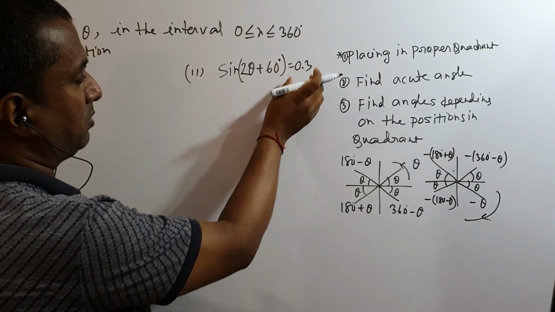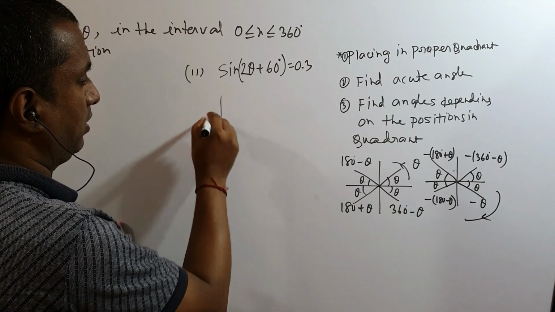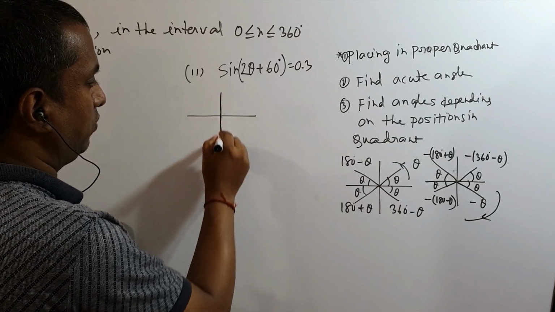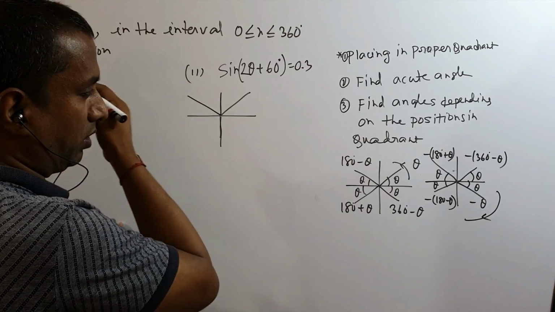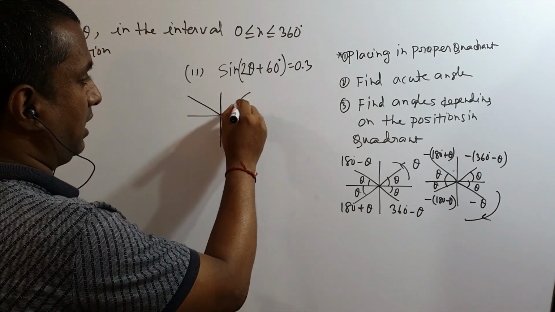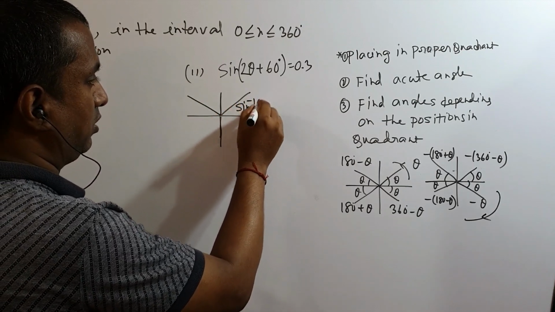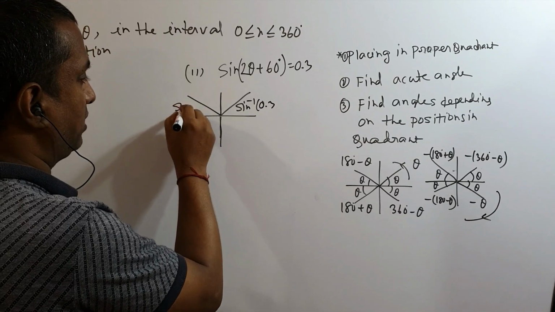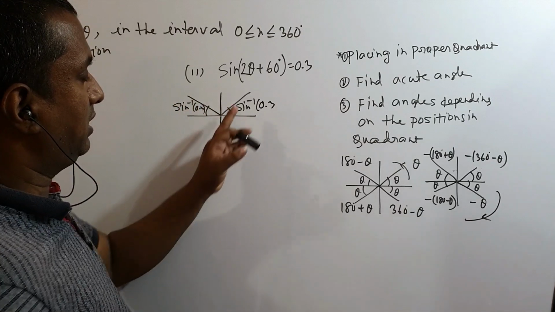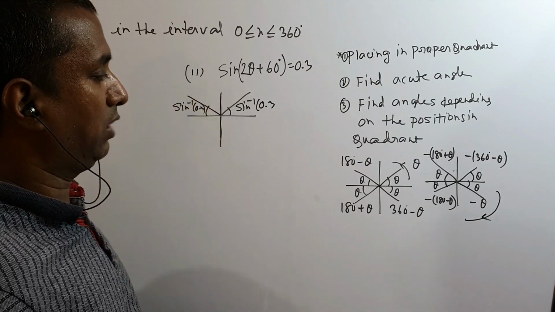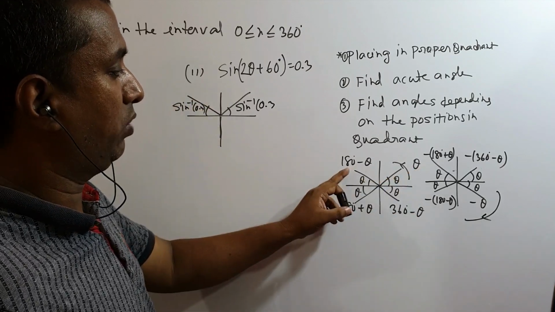Same as the previous one, since this is positive, we can have the quadrant only this one and this one. So this is sine inverse 0.3, this is also sine inverse 0.3. In the first quadrant it is theta, and in the second quadrant it is 180 minus theta.